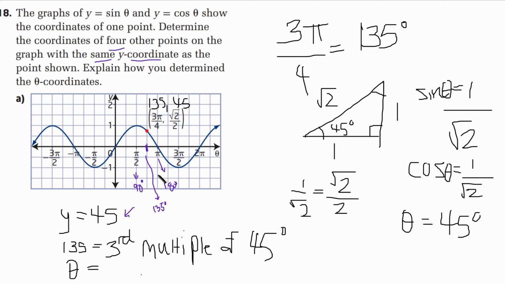Very good. So now they're asking us to find the other coordinates that have the same y value. Once we eyeball them, let's say that another one is going to be here, and another one, you will see the one I'm drawing in purple. Maybe I should do a different color. So right here.